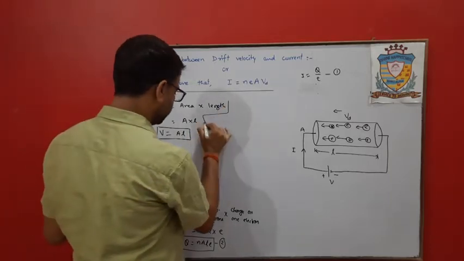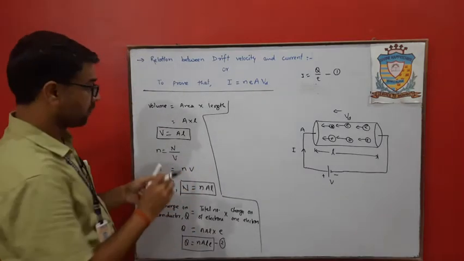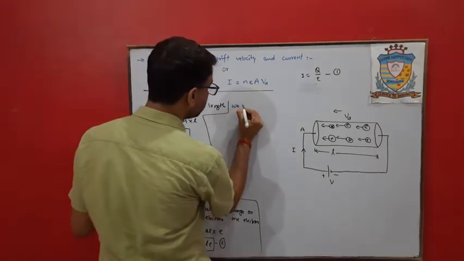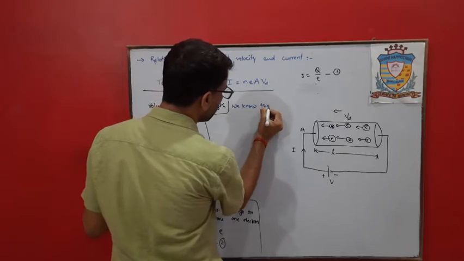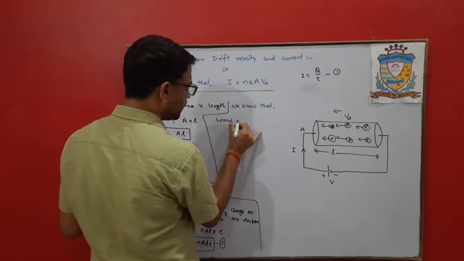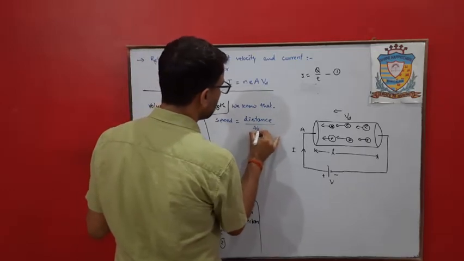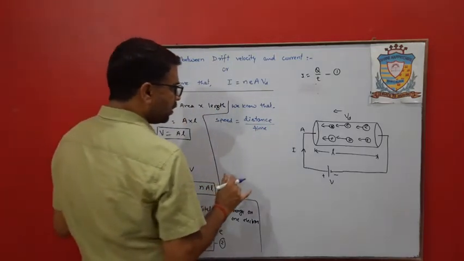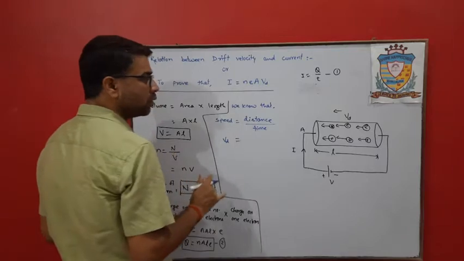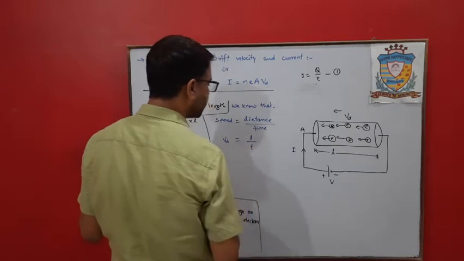Okay, now we know one more formula. We know that speed is equal to distance covered upon time taken. So the speed of each electron, Vd, is equal to distance covered, that is L, and let the time taken be t.